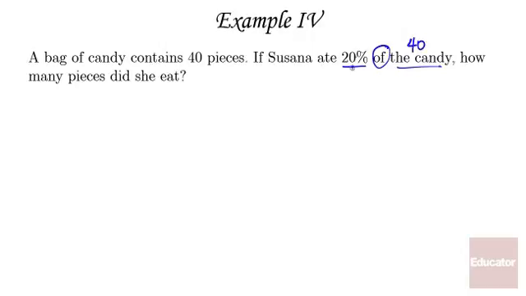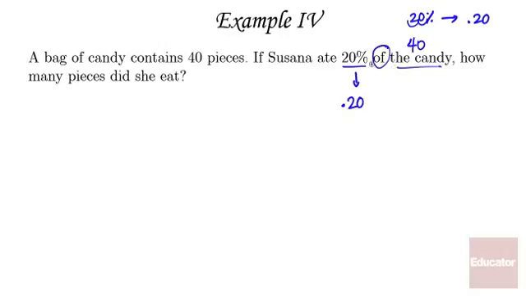20%, again, if I want to solve with this number, I have to change it to a decimal. So 20%, the decimal, I'm going to start here. Go 1, 2, is 0.20. Of is times, right? You're going to multiply what? The 40.